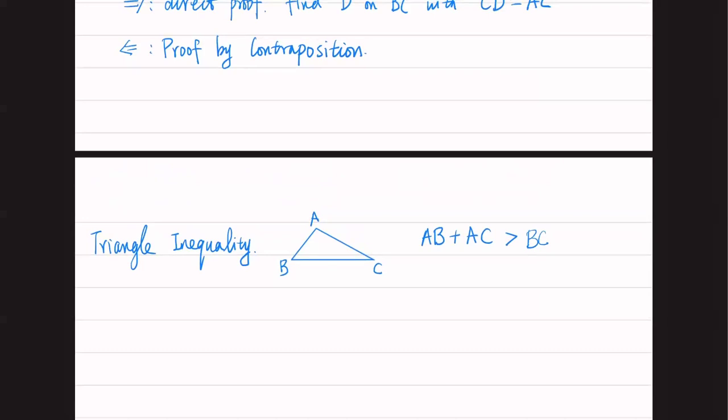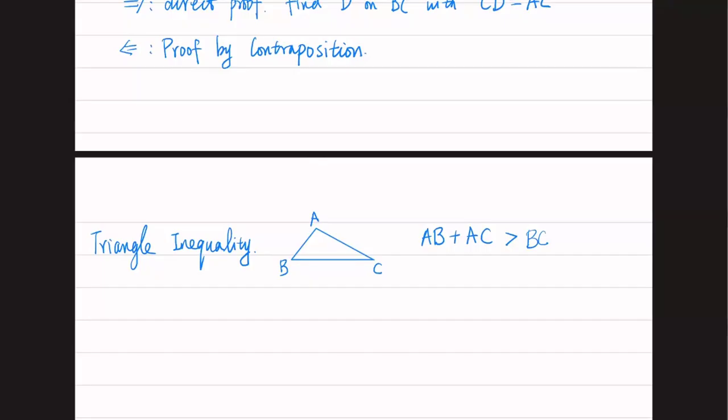Okay, let's see why is this. Why the summation of the two sides will always be bigger than the third side. To prove this, we will do an extension.